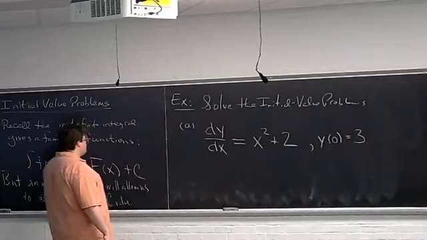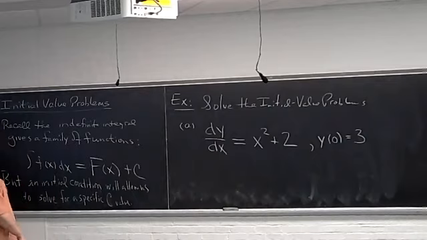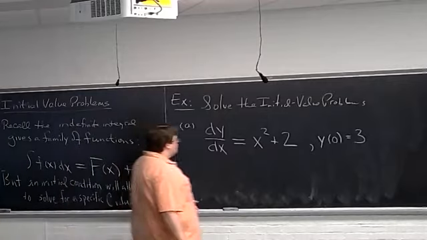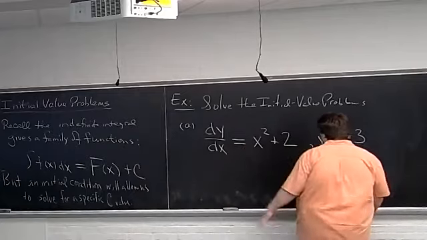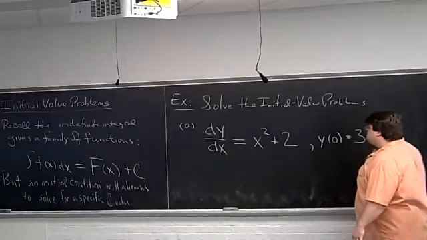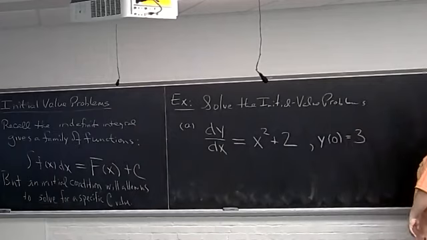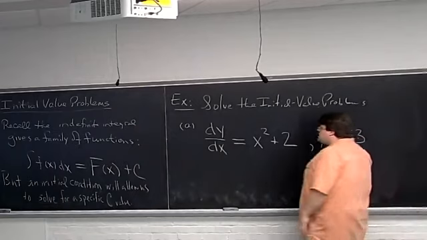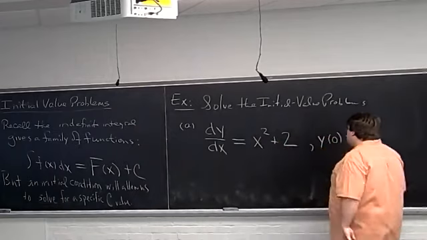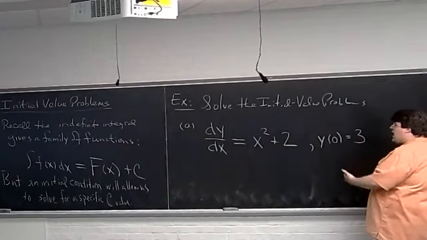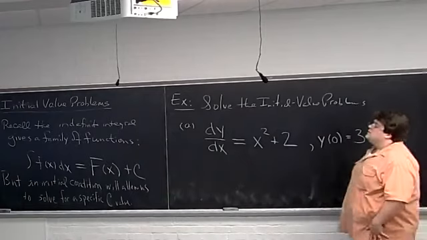This notation says what all antiderivatives look like, but we could interpret this process using a derivative and going back to a function y in terms of x. So we can start with a dy dx and go back to y equals something with x. So here we have dy dx, here's the derivative, and here's a condition on y: y of 0 is 3.